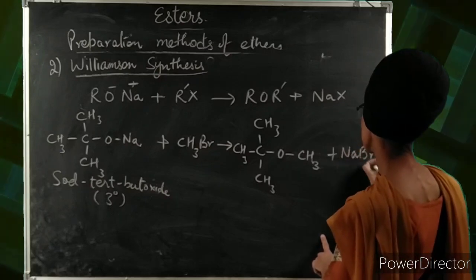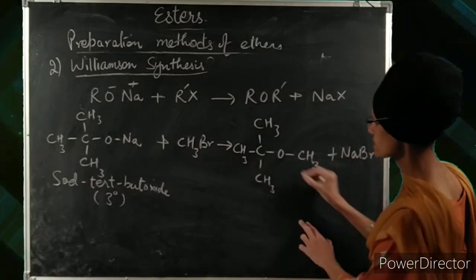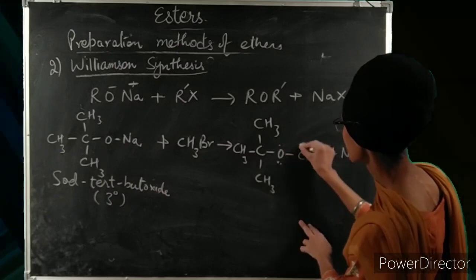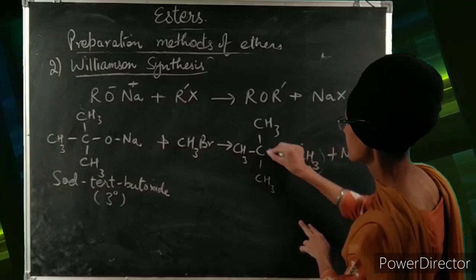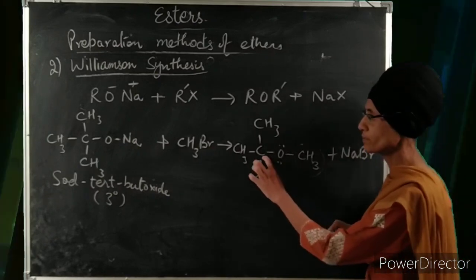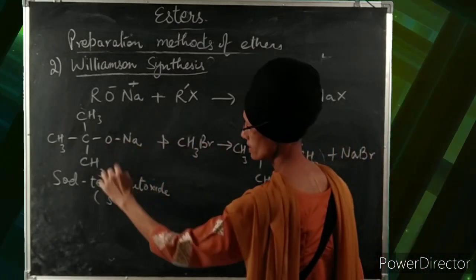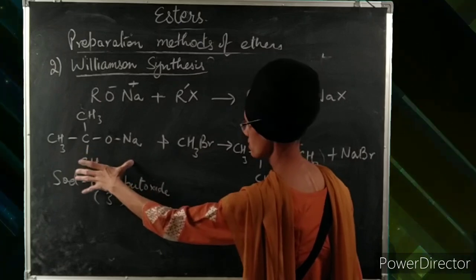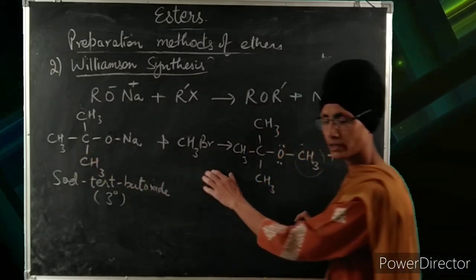You can see that in this ether, one alkyl group is simple and the other has a 3 degree carbon. That 3 degree carbon we can take in the sodium alkoxide salt, not in the haloalkane.